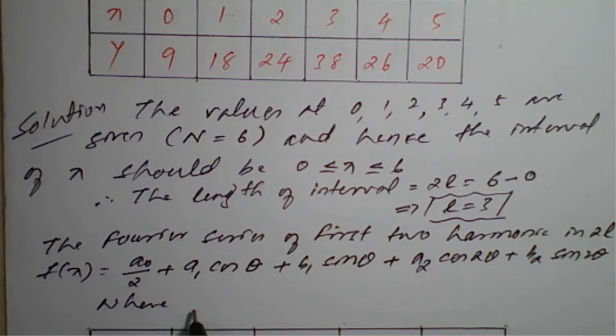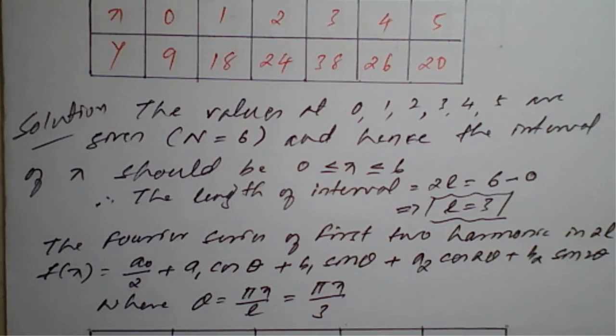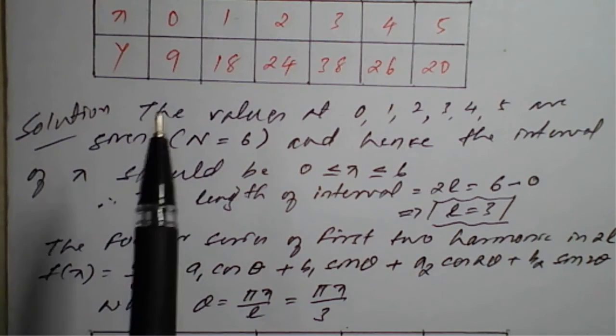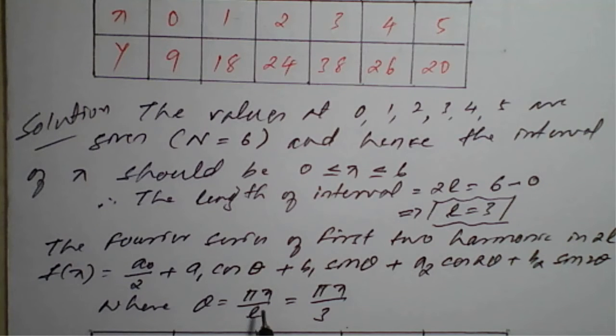where theta is nothing but pi x upon L, and the value of L is 3, so theta is pi x upon 3. They will give the value of x, we apply it in theta, and we need to find all remaining values according to theta only.